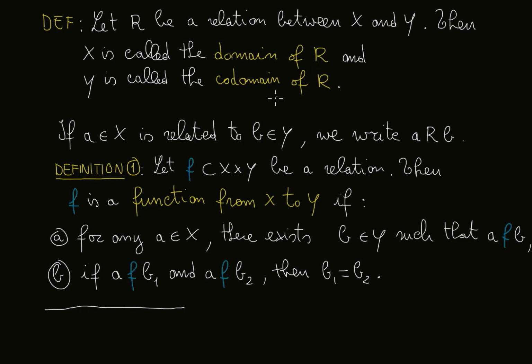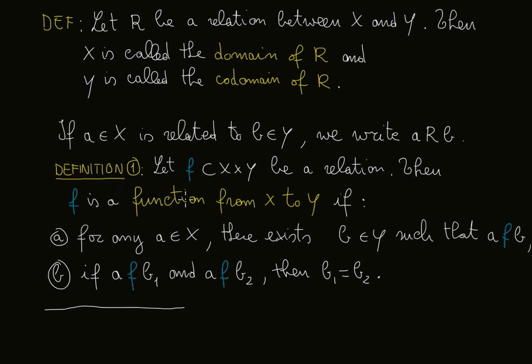Okay, R is a subset of the Cartesian product x times y. So every element is an element of x and an element of y. And every time we have an element in R of the kind A, B, we will say that A is related to B, and we will write A R B. Now, definition number one: let f in the Cartesian product x cross y be a relation.